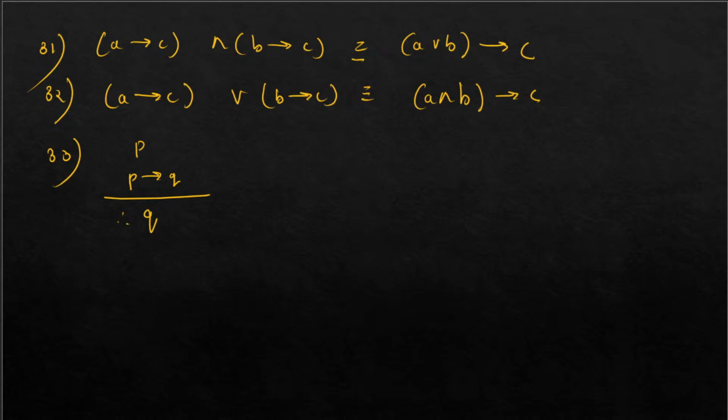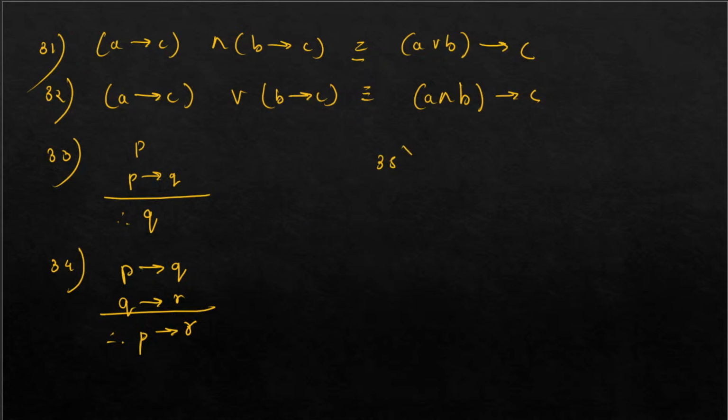And this is the rule of detachment, which is modus ponens. The 34th is P implies Q and Q implies R. So this will give you the result P implies R, and this is by the law of syllogism.